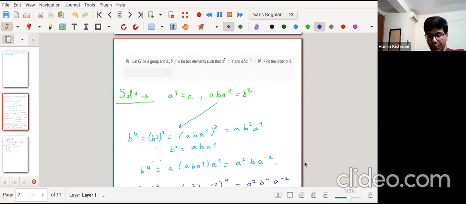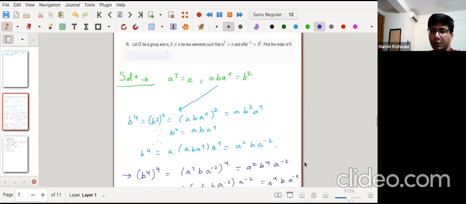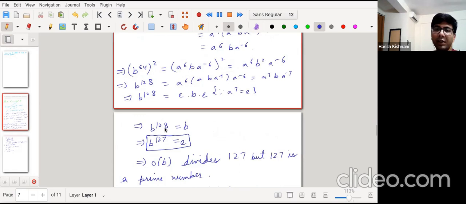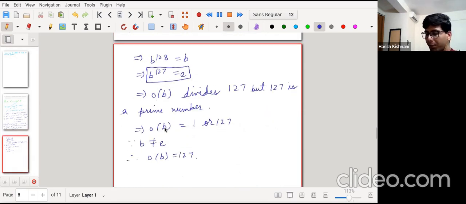But sometimes they might make this question tricky. If the final power is not a prime, then it's a bit tricky. There you might find options like what is the possible order for b. If in the assumption there is no mention of whether b is identity or not, then you need to write both options, that the order of b can be 1 or 127.